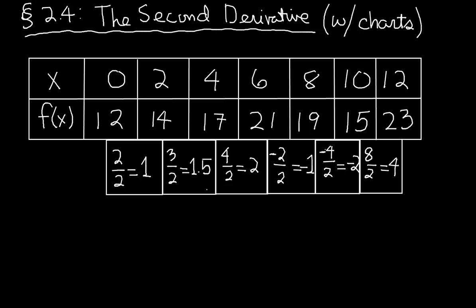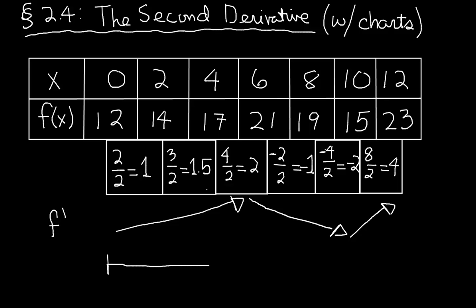So let's say here that from 0 to 6, we can see that the average rates of change are increasing. Then it begins to decrease from 6 to 10, but then it increases from 10 to 12. So again, I'm referring here to the average rates of change, so I'm talking about the first derivative.